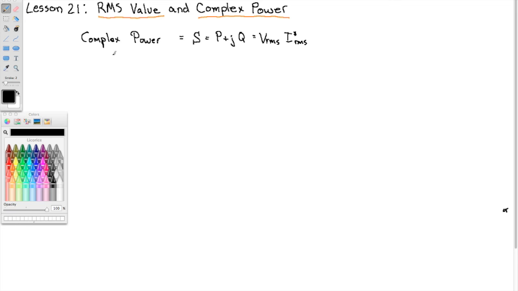Now, the apparent power, okay, and again, this is a summary. The apparent power is this non-bold S, and that is the magnitude of the bold S. That is the square root of the real power squared plus the reactive power squared.